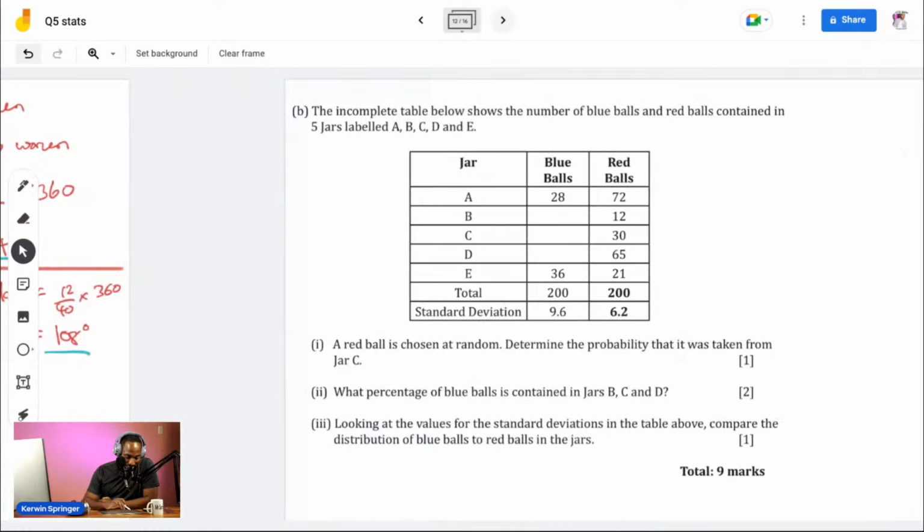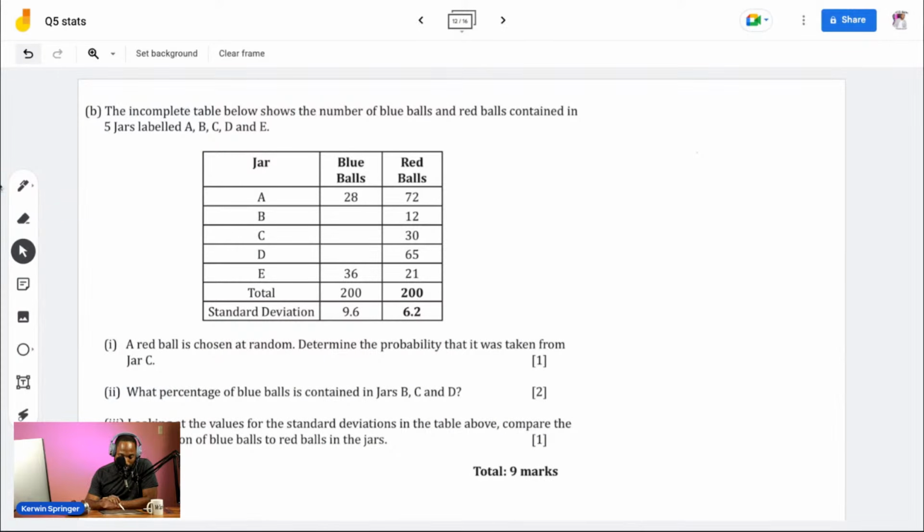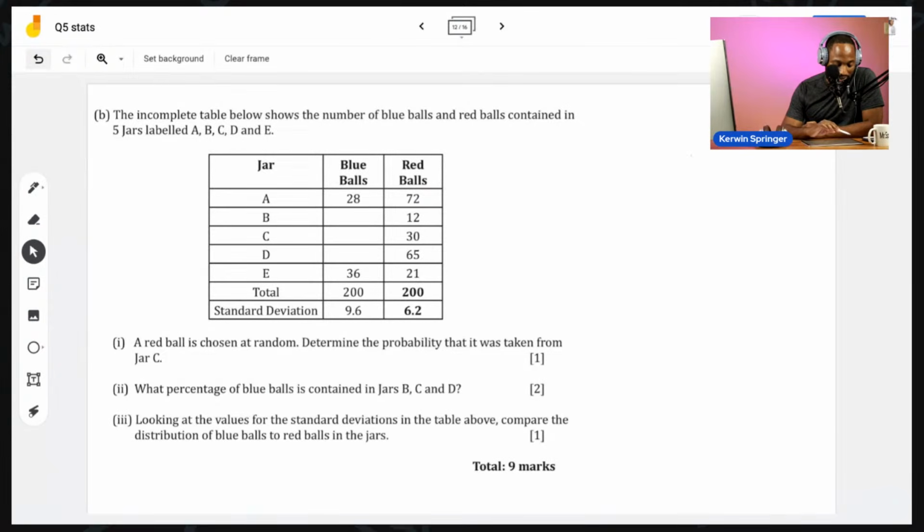The incomplete table below shows the number of blue balls and red balls contained in 5 jars labeled A, B, C, D, and E. The makers of these questions know what they're doing. A red ball is chosen at random.